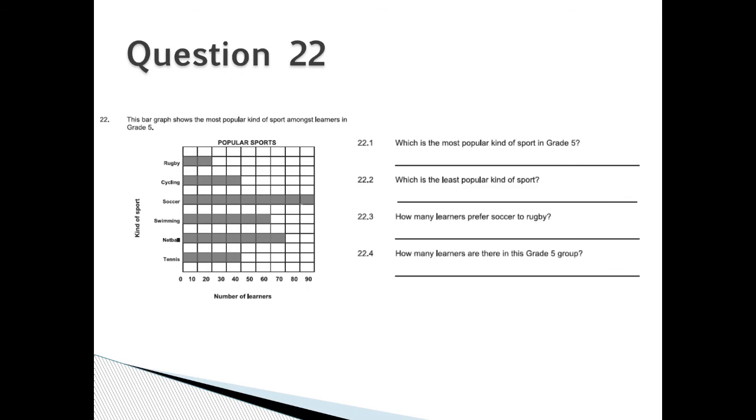Which is the most popular kind of sport in grade 5? 22.2. Which is the least popular kind of sport? 22.3. How many learners prefer soccer to rugby? 22.4. How many learners are there in this grade 5 group?